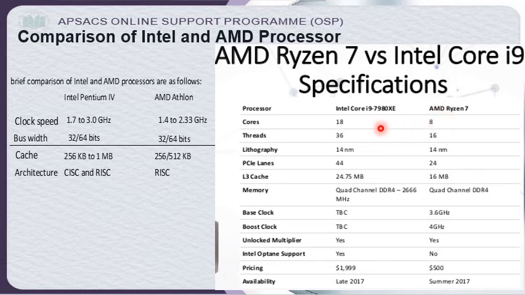So there is a lot of difference in the number of cores between these two. If we talk about cache memory, the Intel Core i9 processor has 24.75 MB of L3 cache memory, but AMD has 16 MB cache memory.